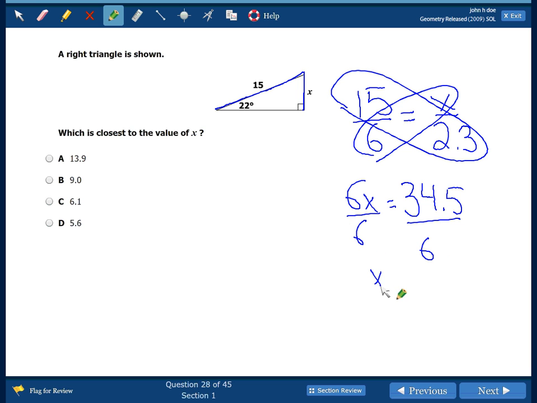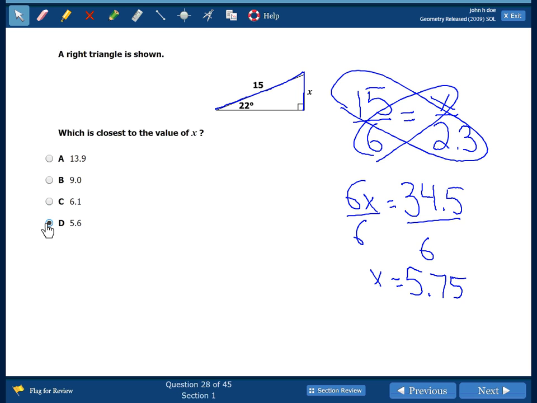And I get an answer that's about 5.75. Looking at my options, the one that's closest to 5.75 will be the correct answer, which is D. Again, a much easier way to do this is just to use trigonometry with SOHCAHTOA, but let's say you forget how to do it. This might be the difference between passing or failing your SOL.